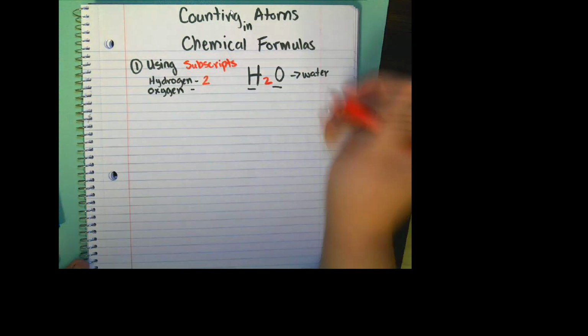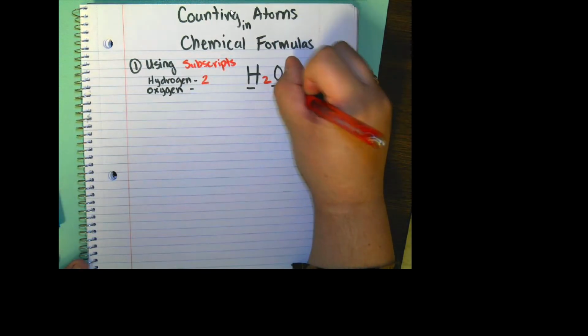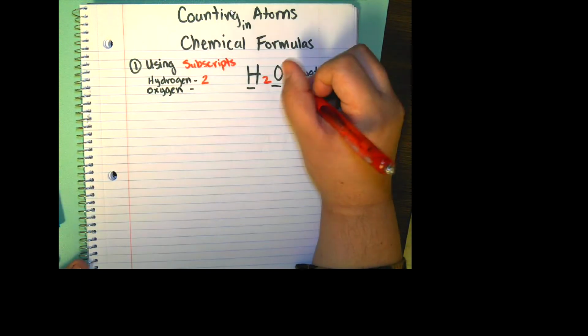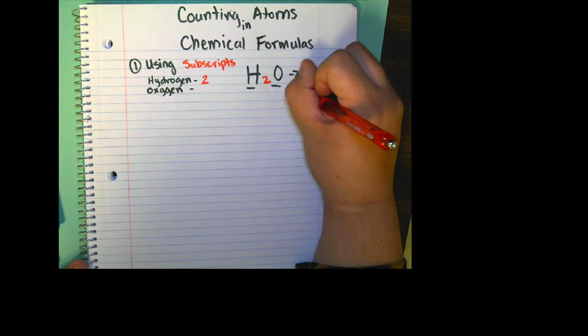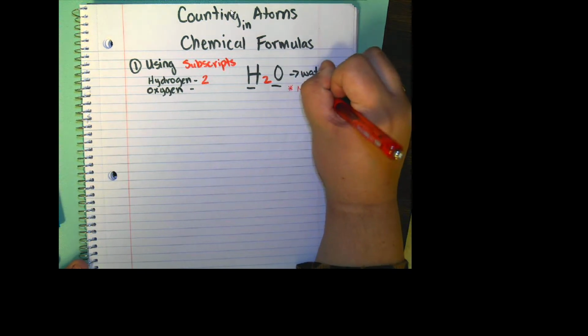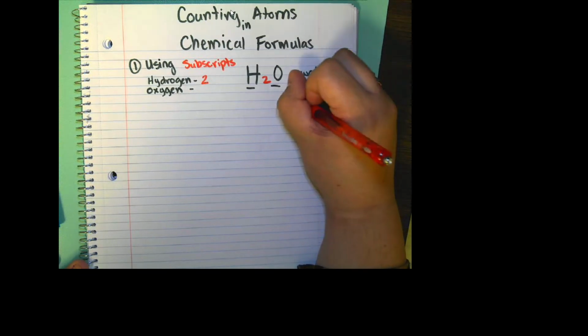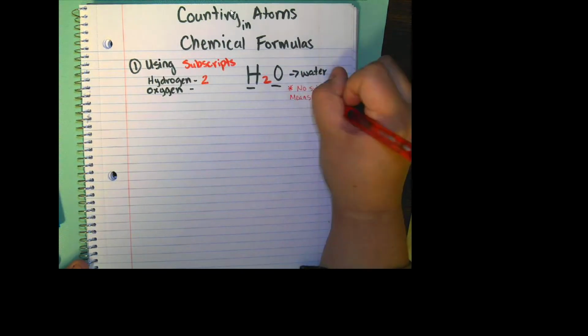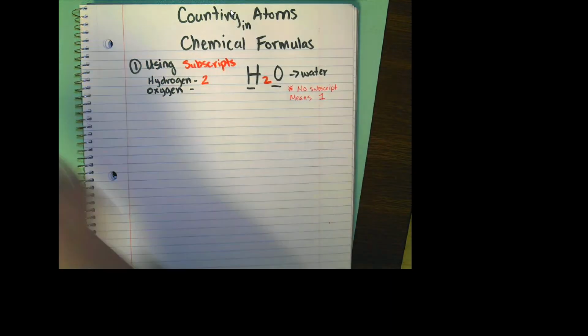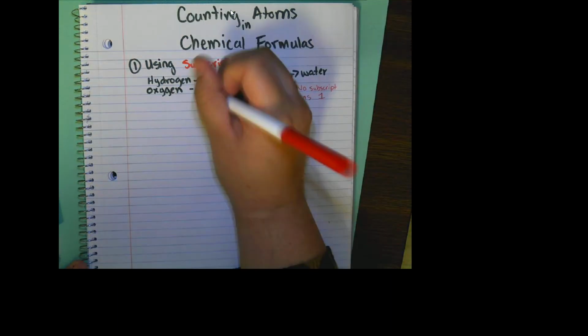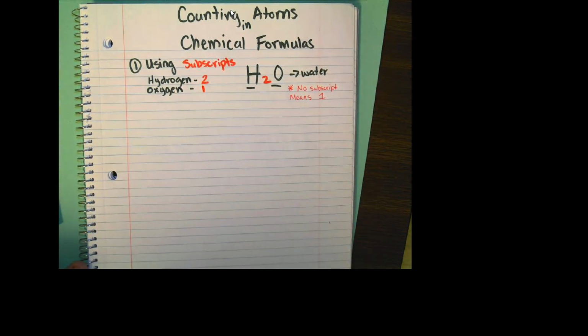Whenever there is no subscript or small number behind it, that means there's just one of those. So no subscript means 1. I only have 1 oxygen in this formula.